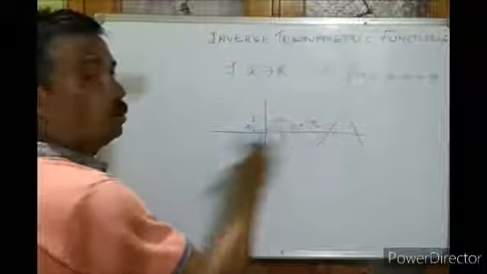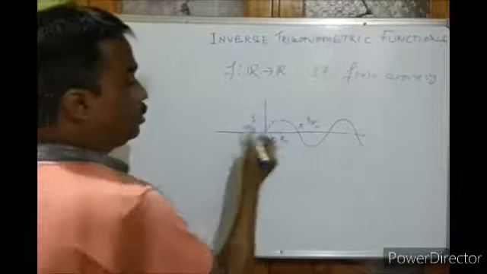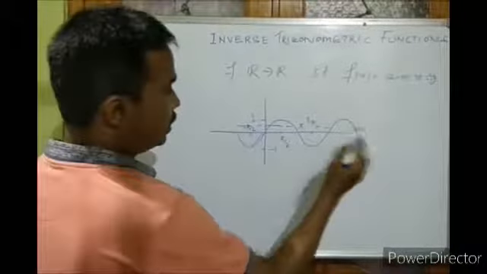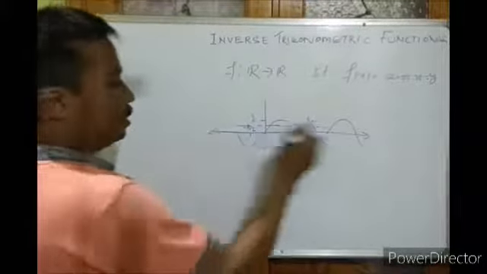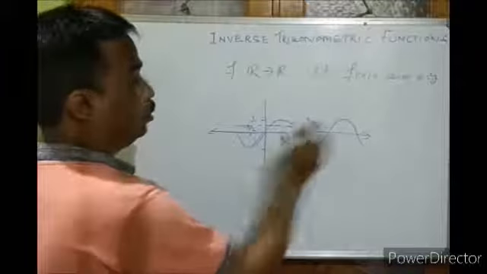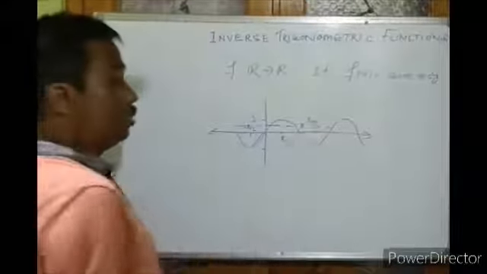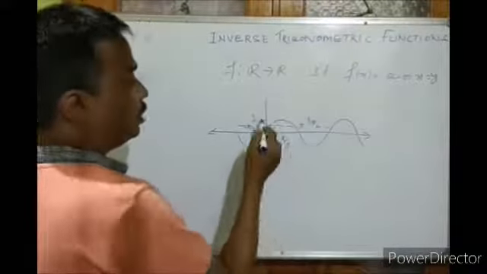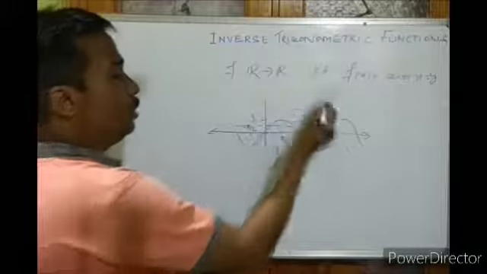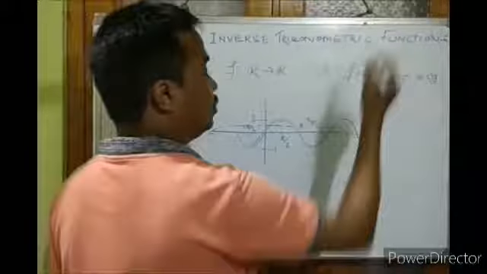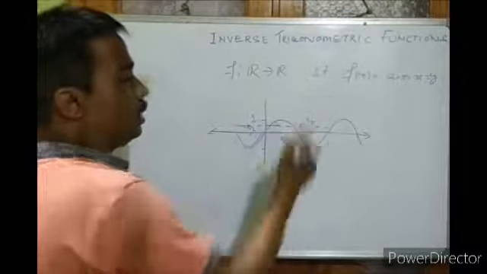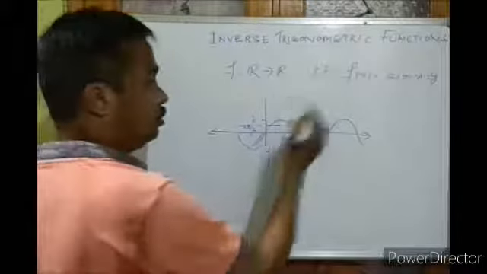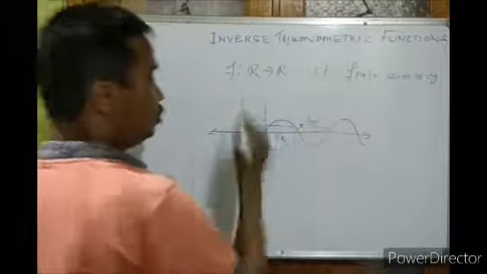This function is not one-one as well as not onto, because if we draw a line parallel to the x-axis, it cuts the graph at more than one point, so the function is not one-one. And it is not onto because if we say y is equal to 2 or 3, then there is no pre-image of y, so the function is not onto as well.